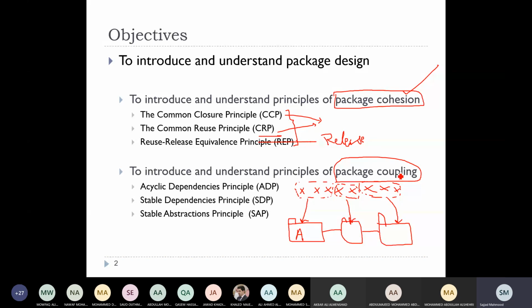The whole idea of package coupling is that you want to minimize or reduce the interdependencies between packages. So you try to improve the cohesiveness of a package, and you try your best to reduce or minimize the coupling between packages. And how do we do it? We have three principles: the acyclic dependency principle, the stable dependency principle, and the stable abstraction principle.